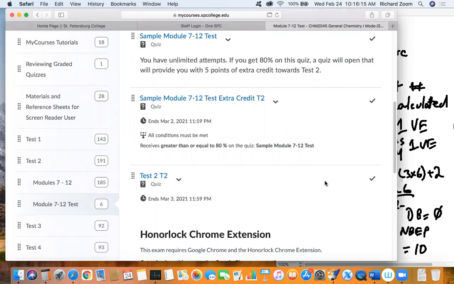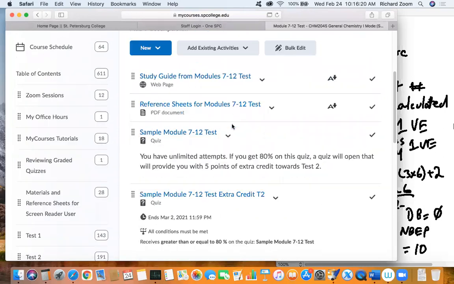And that is due the same time as the homework, but you have to get 80% on this sample module 7 to 12 test. And you need to get 80% before the homework closes. If you do that, then you can get an extra 5 points. I don't know why more people don't do it. It's absolutely crazy to me.